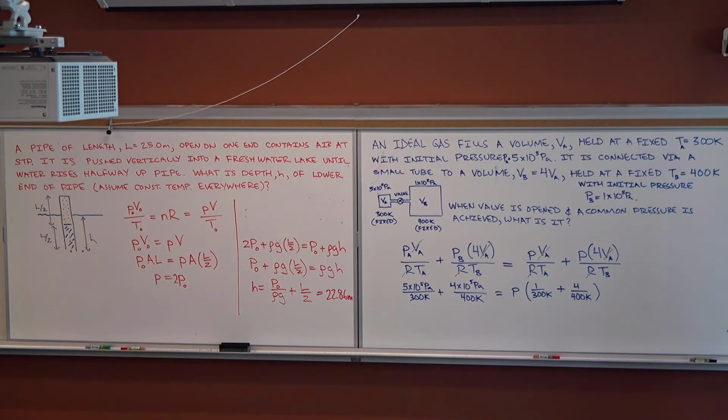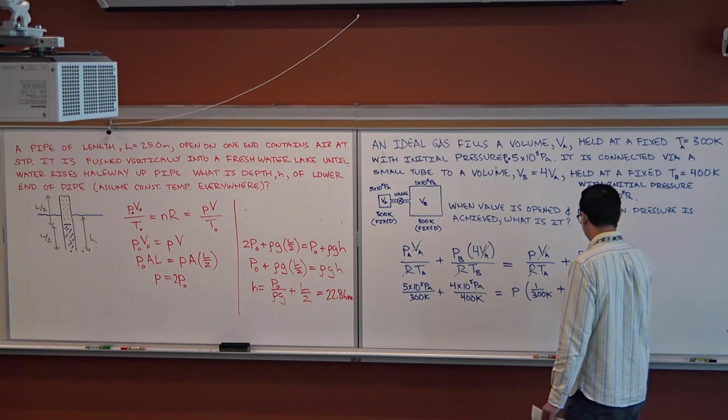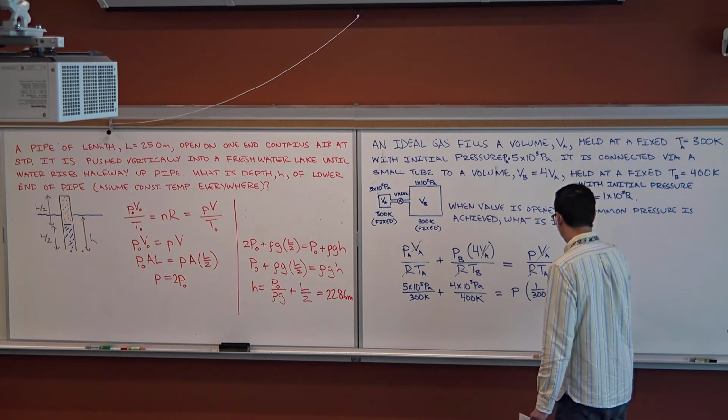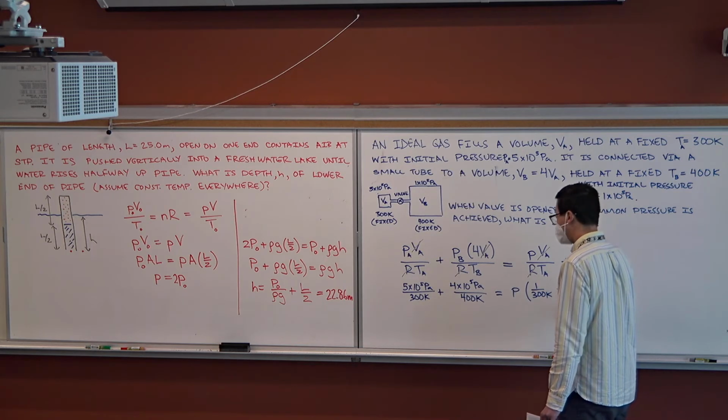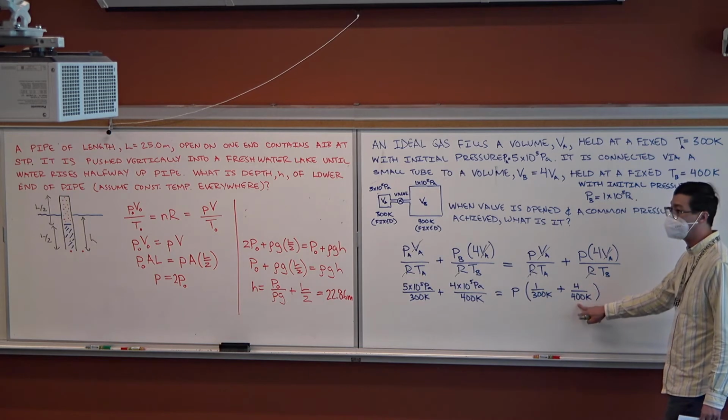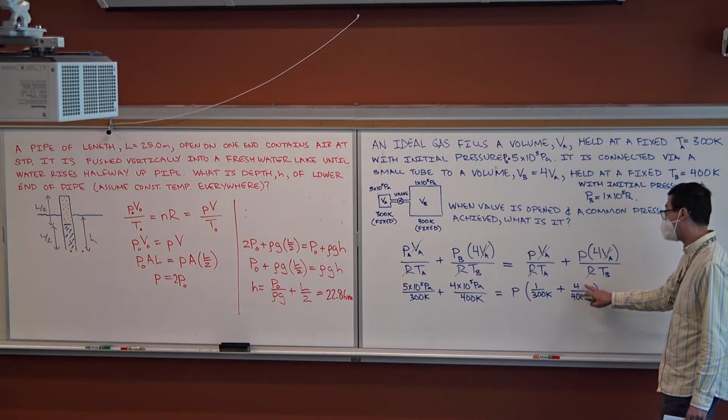I just divide both sides. And so I could write 4 over 400 as 1 over 100, which is the same as 3 over 300.